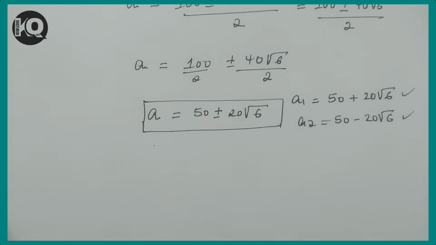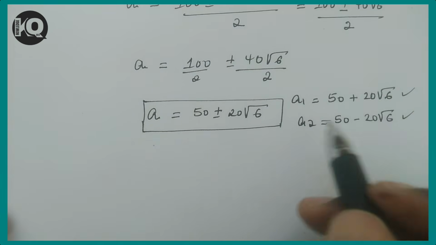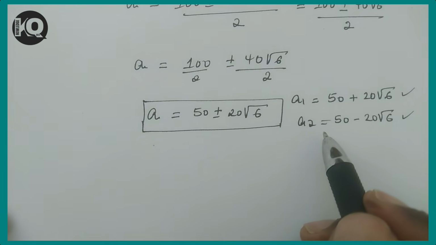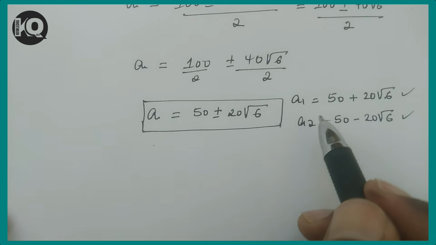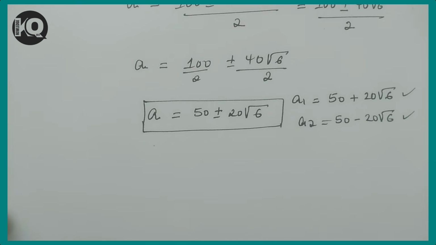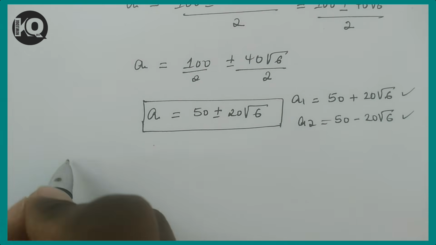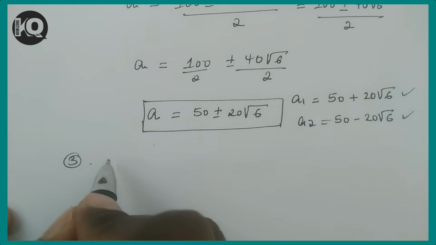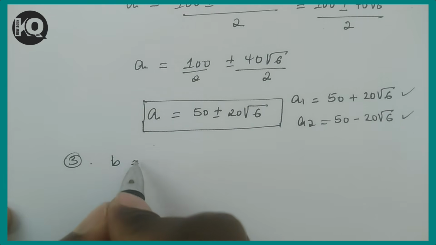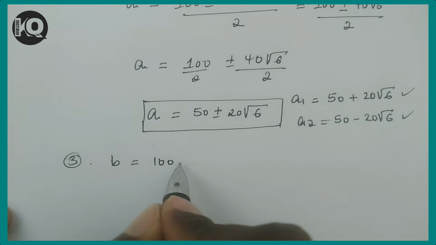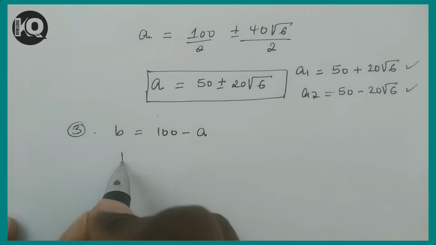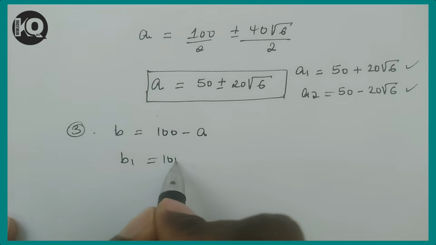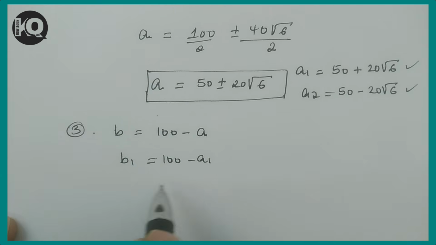Now let's find the value of b. Since we have a1 and a2, we will have two values of b. From equation 3, we have b equal to 100 minus a. Now b1 will be 100 minus a1.